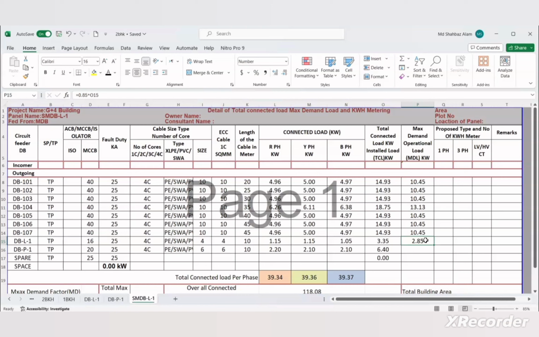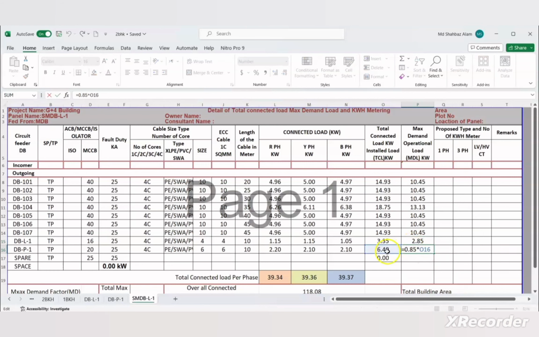Maybe 7 or 8 loads will be operational, and when other 2 loads turn on, then the loads which were operational will shut down. So in that way we can say that all the total connected load will not be operational at a time. So here we consider that 85% of the total connected load can be operational at a time. So we took the maximum demand factor as 0.85. This I already explained in depth in the part 6 video of SMDB designing.